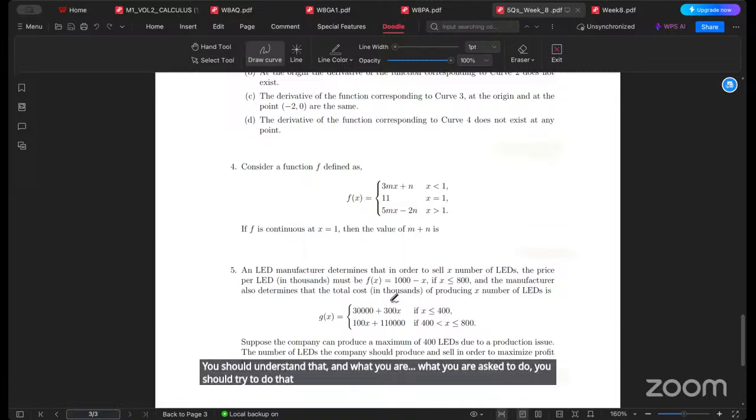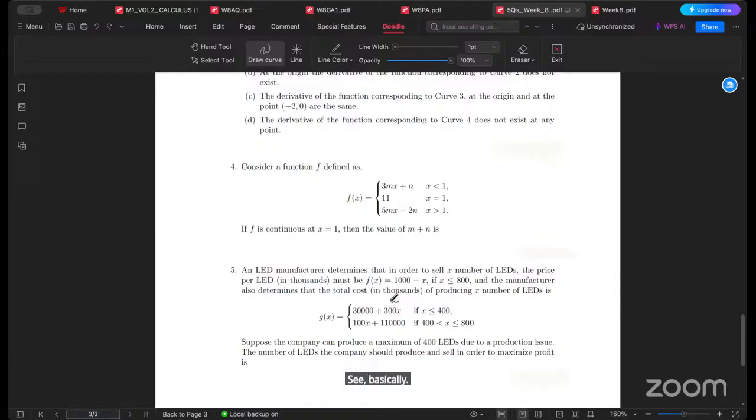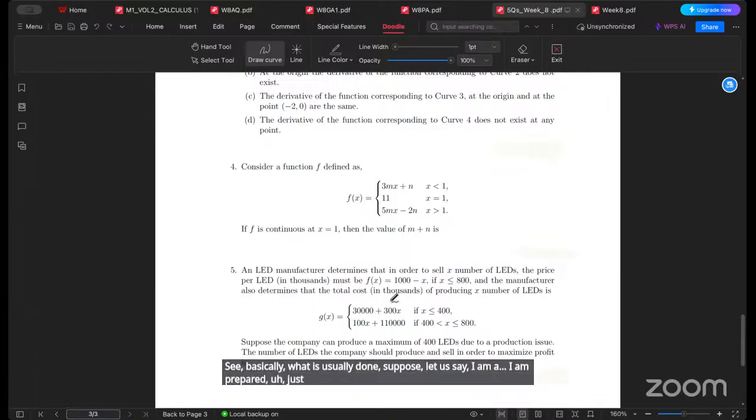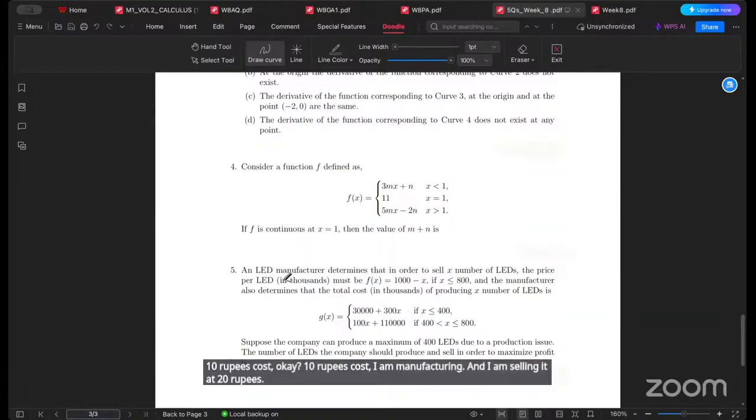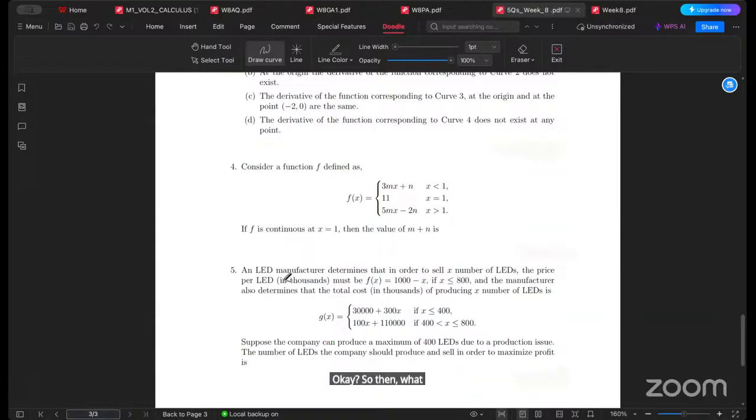That's all. Basically, suppose I am taking an LED bulb, manufacturing each bulb at 10 rupees cost, and I am selling it at 20 rupees. Then how will you calculate the profit?